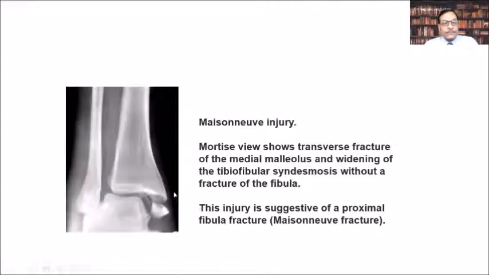There will be a fracture of the medial malleolus, and then there will be widening of the tibiofibular syndesmosis. And when we find this, it suggests that there will be a fracture in the upper third of the fibula, closer to the neck of the fibula.